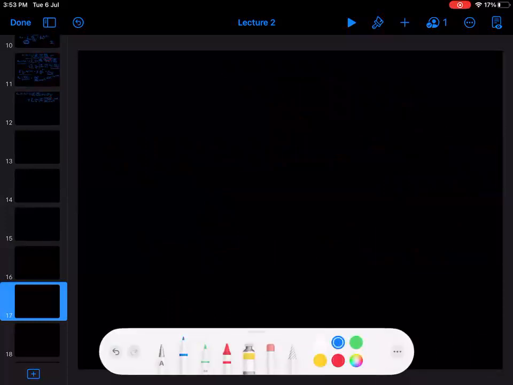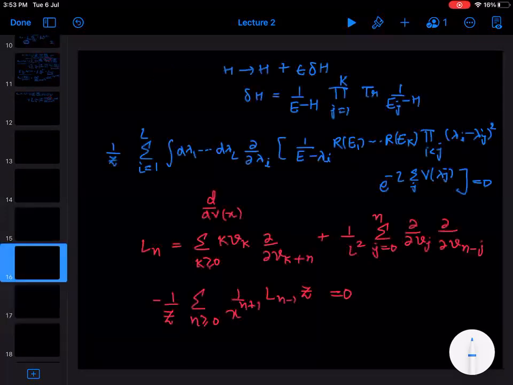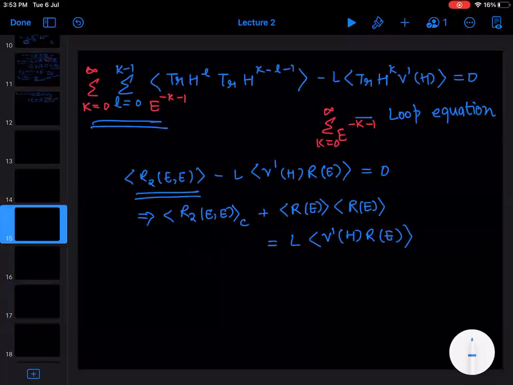Okay, let's just focus on our first loop equation for some time. So this was my equation.